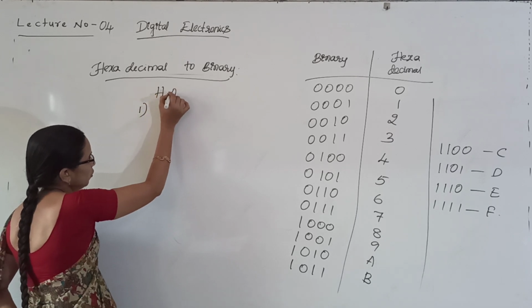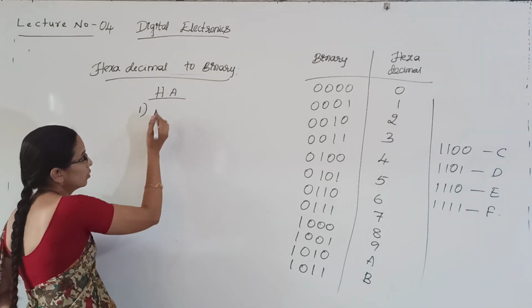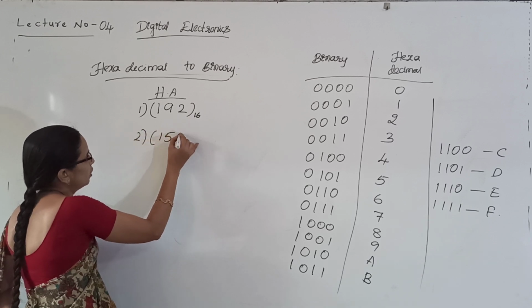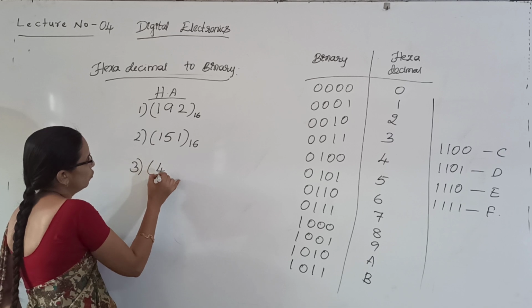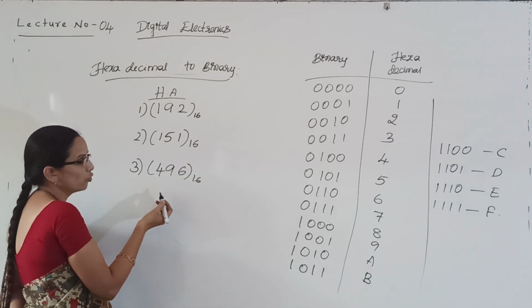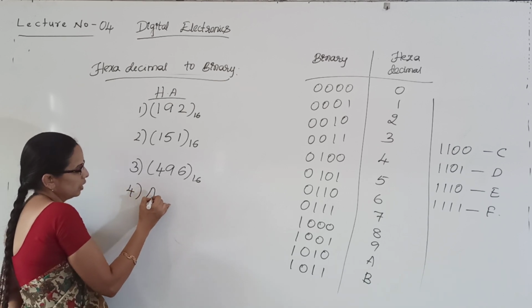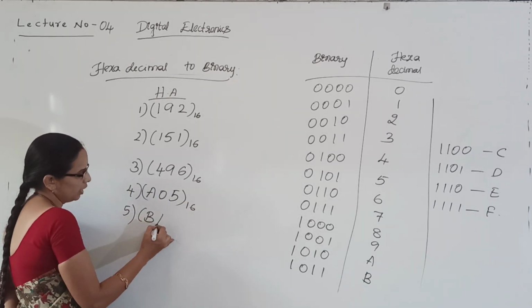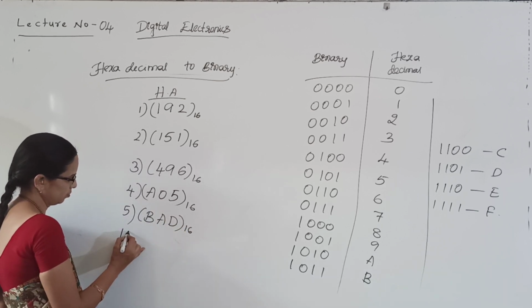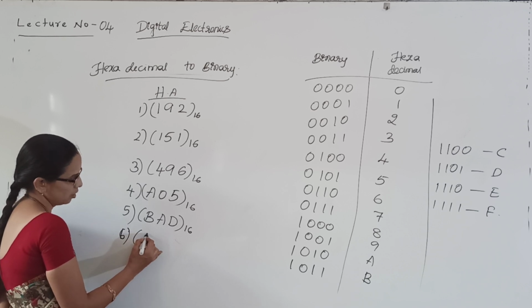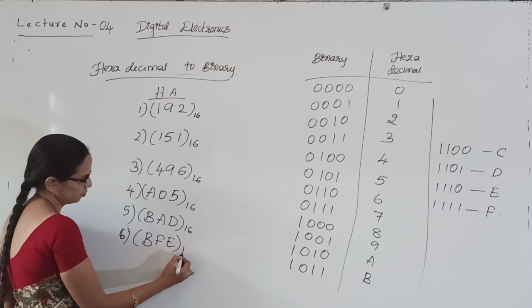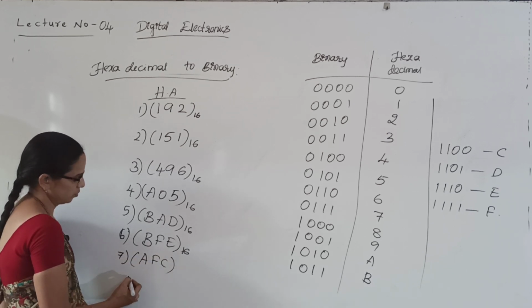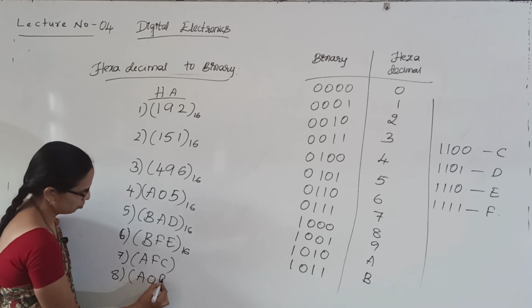For homework or home assignment, whatever you call. 192 of hexadecimal, 151, 496, A05, B8D, BFE, AFC, A0B0.